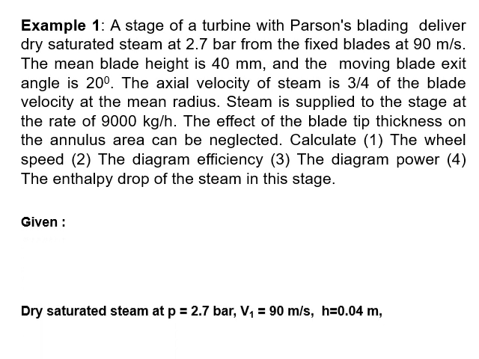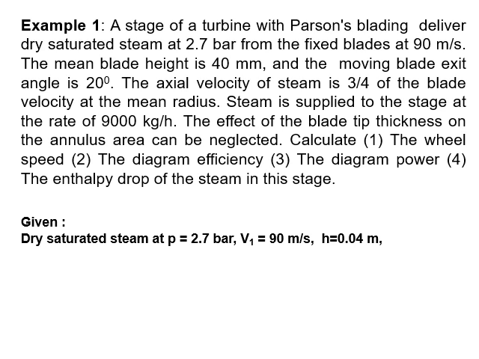Now list out the given data. Dry saturated steam, so the dryness fraction is x equals 1, and the pressure is 2.7 bar. The absolute velocity at which steam exits is 90 meter per second, that is V1 equals 90 meter per second.